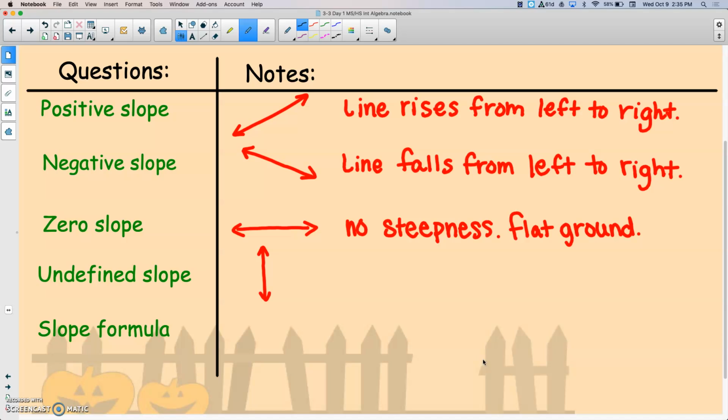And then the slope formula is m equals y2 minus y1 divided by x2 minus x1. So the slope formula is a fraction.